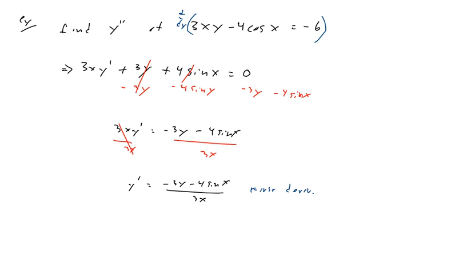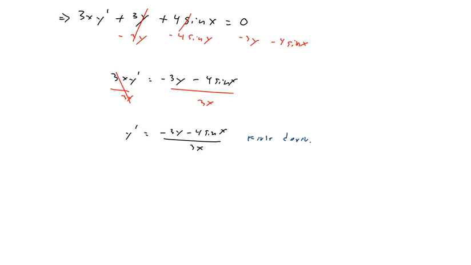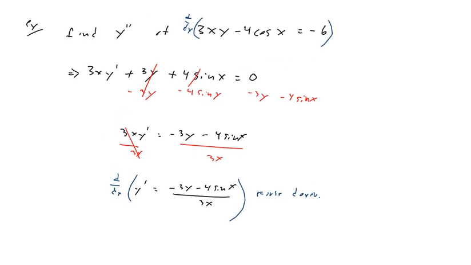So first, find the first derivative, step 1. Do d/dx, isolate the y prime, get y prime by itself. Yes, use the product rule. Yes, I use the product rule for the 3xy. This first 3x times the derivative of the second, the y is y prime.